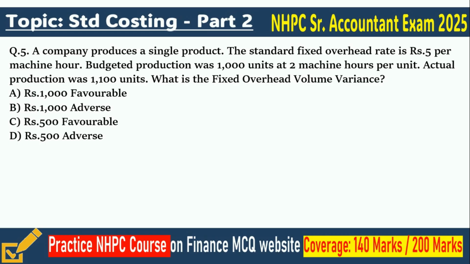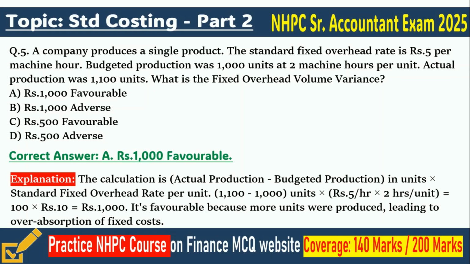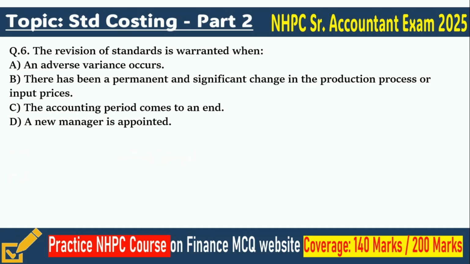So the standard fixed overhead rate per unit will be rupees 5 into 2, that is rupees 10, and they have given actual production as 1100 units and budgeted production as 1000 units. So the answer will be 1100 minus 1000 into 10, so that will be rupees 1000. So friends, the correct answer will be option A, rupees 1000 favorable. Moving on. Friends, the next question.